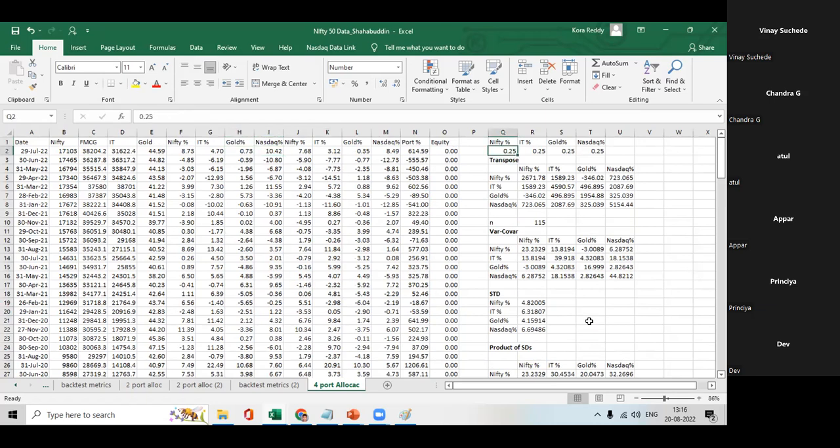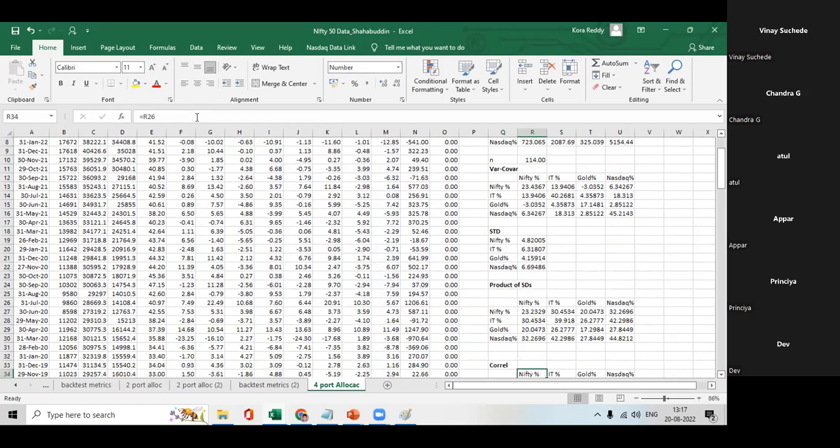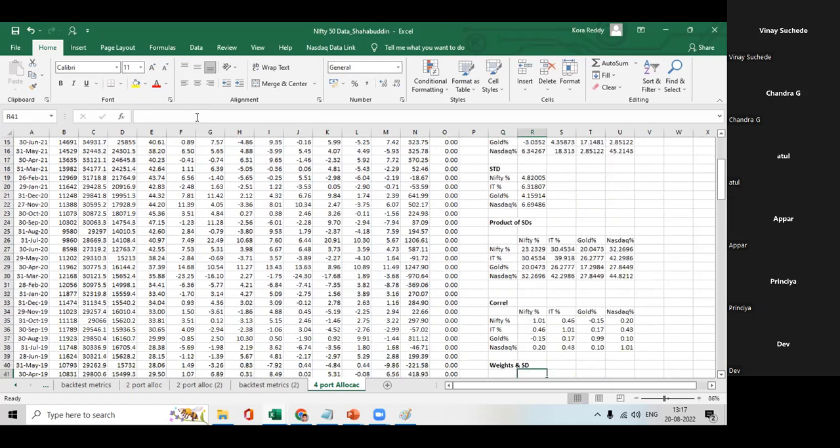There is some error in this case. It is changing a little bit, but that's fine. Ideally, it should be 1.